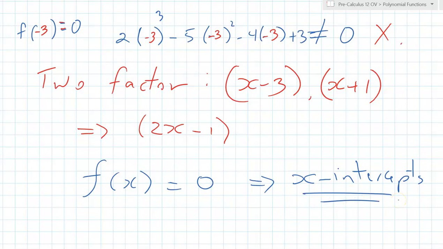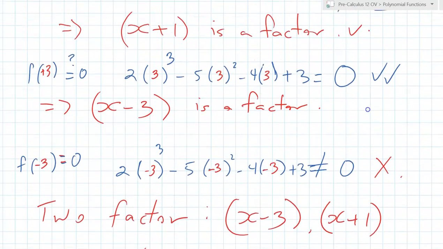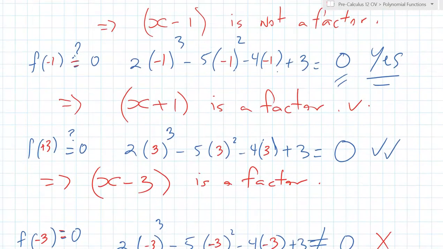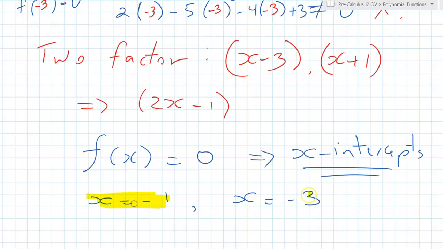When you solve that, you're getting x-intercepts, and these possible integers from the integral zero theorem, these values of plus minus 1, so x equals -1 and x equals -3, okay, these are the ones that we just got, plus or minus, those are the integers that we got and plugged in there.